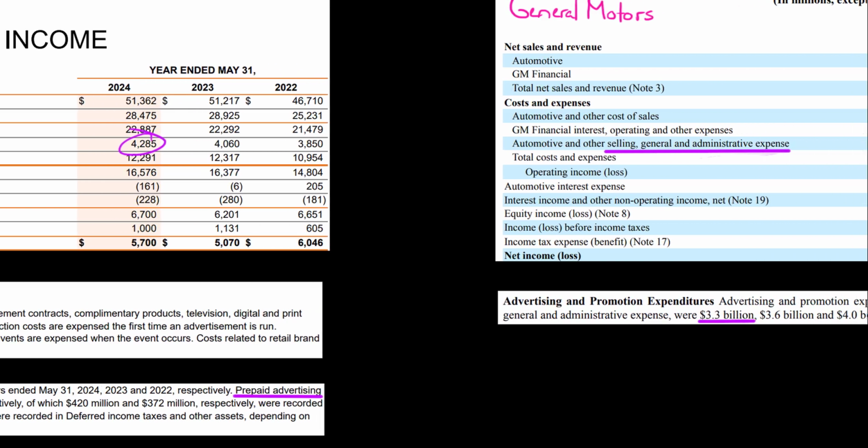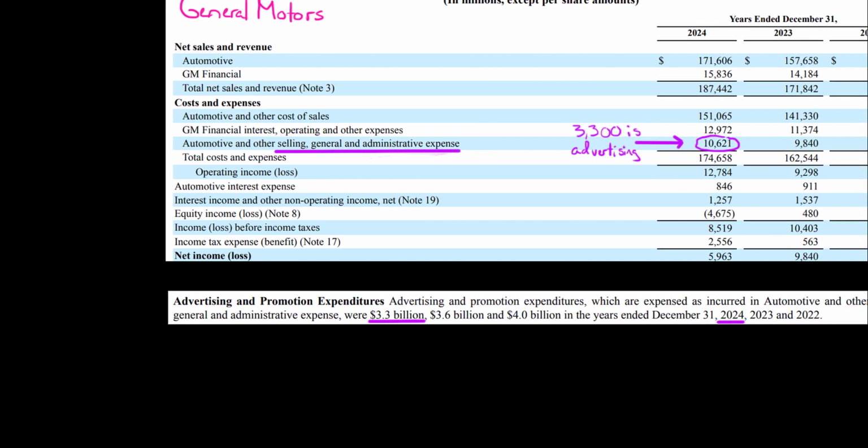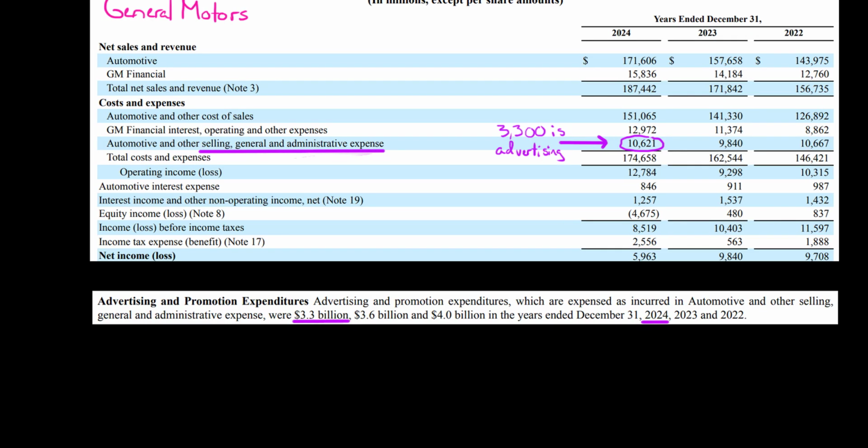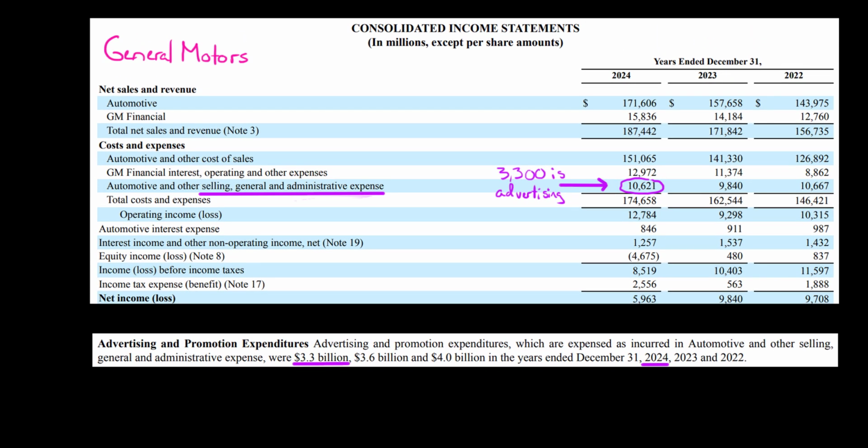I want to give you another example. This is kind of like how Pepsi did it, but now we're going to do General Motors. And again, this is how most companies do it, where you don't see advertising expense anywhere on the income statement. You go to the annual report, the 10K, if it's a publicly traded company in the U.S., and you don't see advertising expense anywhere here.